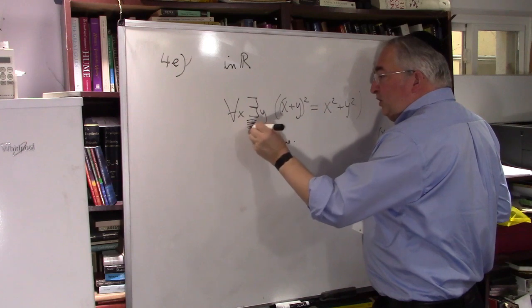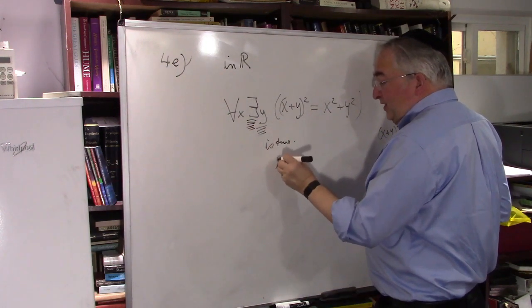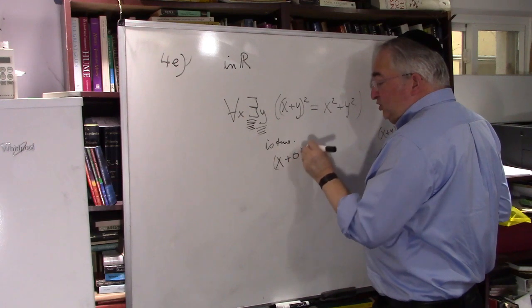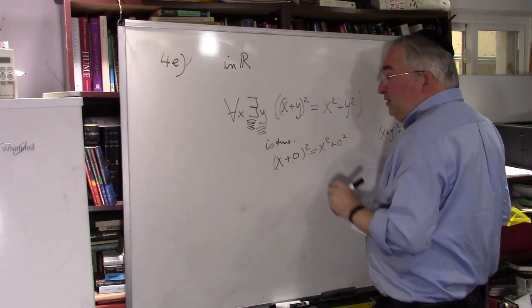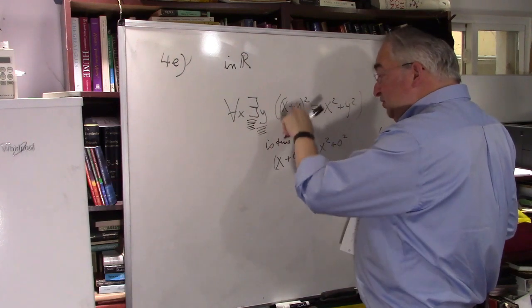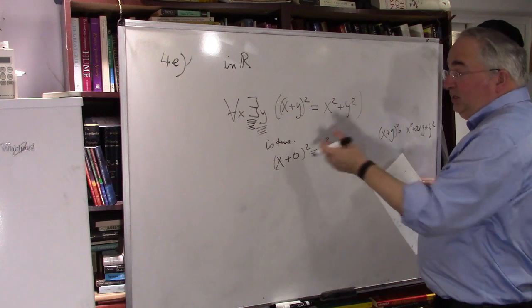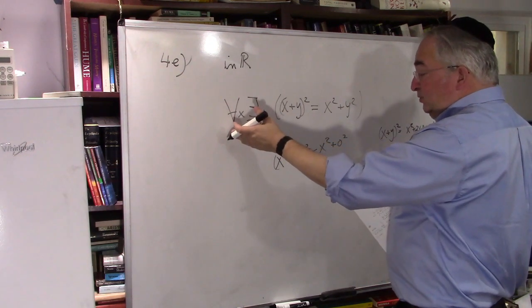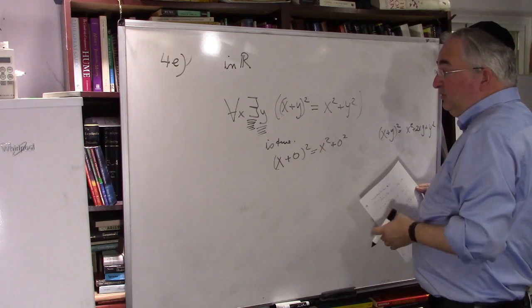Give me the y that this exists for. The answer is (x + 0)² is equal to x² + 0². Since 0 is in your domain of discourse, it is true. For all x, give me any x whatsoever, (x + 0)² is equal to x² + 0².